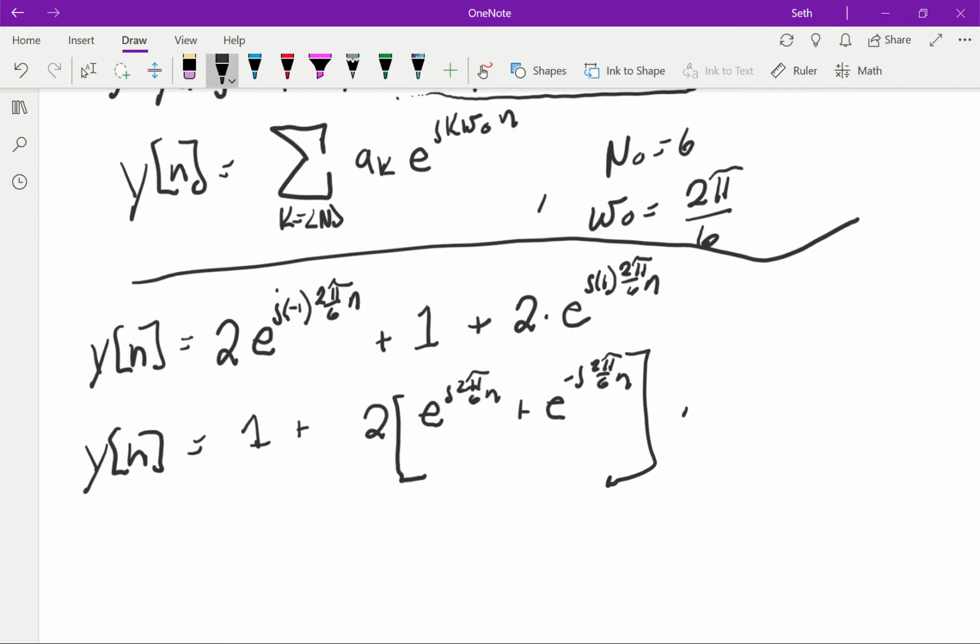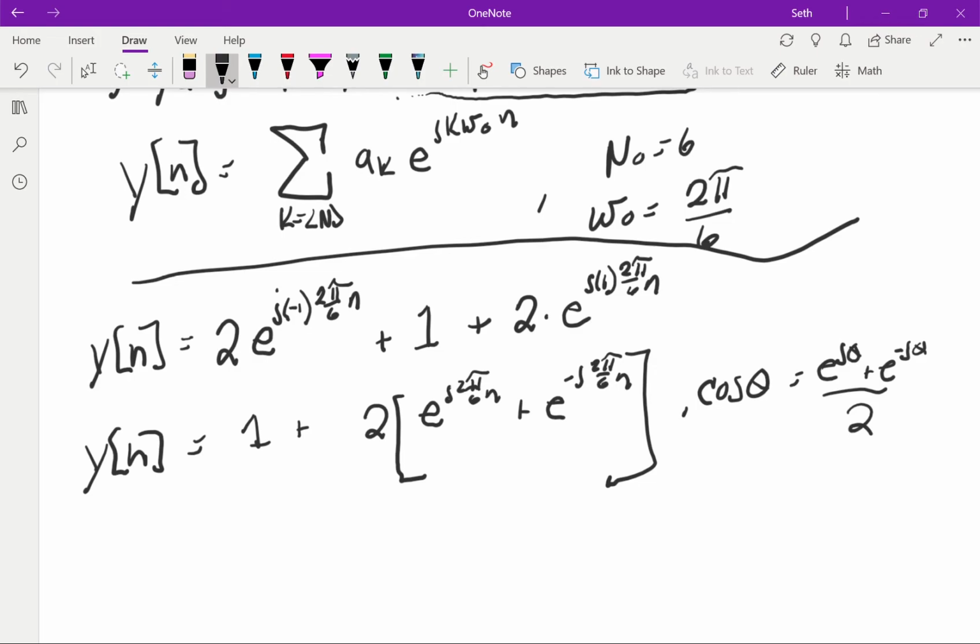Okay, we know cosine theta equals e to the j theta plus e to the minus j theta divided by 2. So we almost have that.